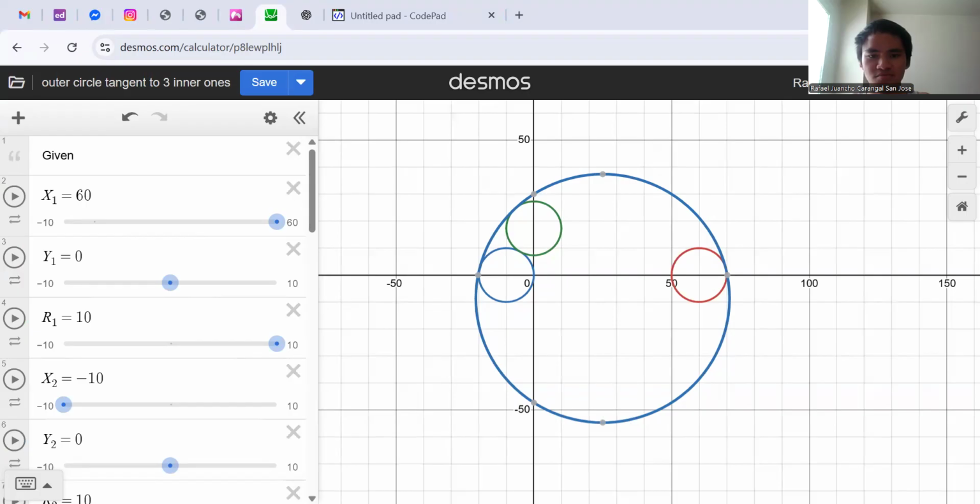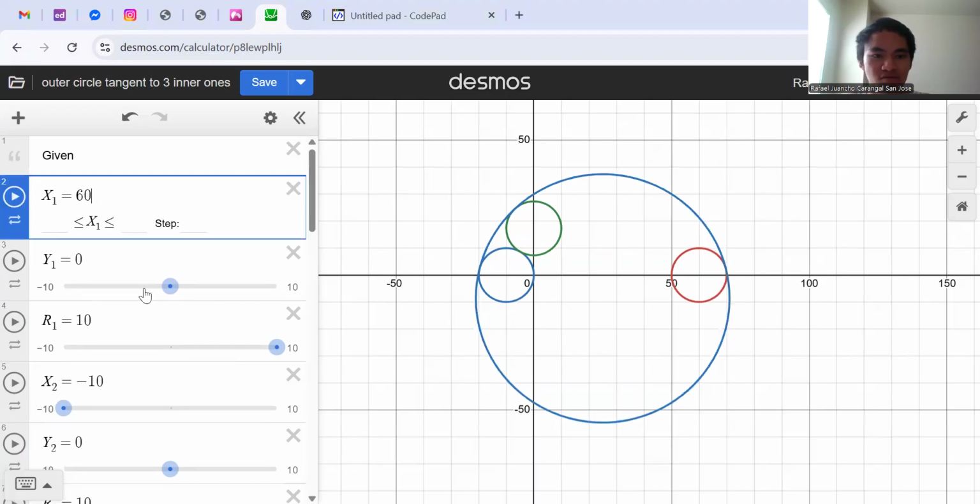And then now another example that works. So as much as possible, we want to make it okay, 0.